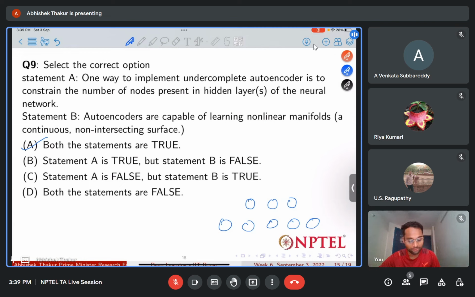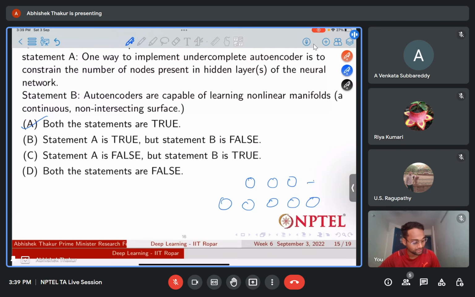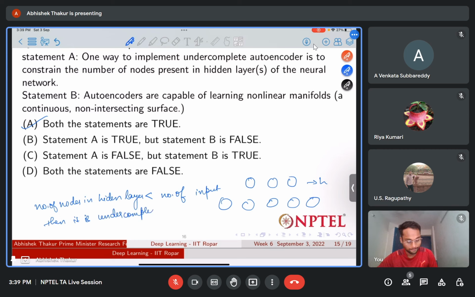The first option says the way to implement an under complete autoencoder is to constrain the number of nodes present in the hidden layers of the neural network. So if the number of nodes in the hidden layer is less than the number of inputs, then it is an under complete autoencoder.